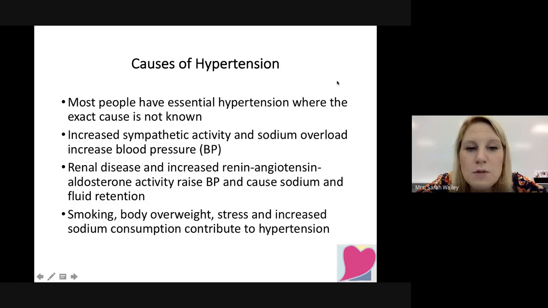Causes of hypertension: most people have essential hypertension where the exact cause is not known. Increased sympathetic activity and sodium overload increase blood pressure. But it is a little bit lacking to just say that it's because you're eating too much sodium. There are more things than just sodium overload, you know what I mean?